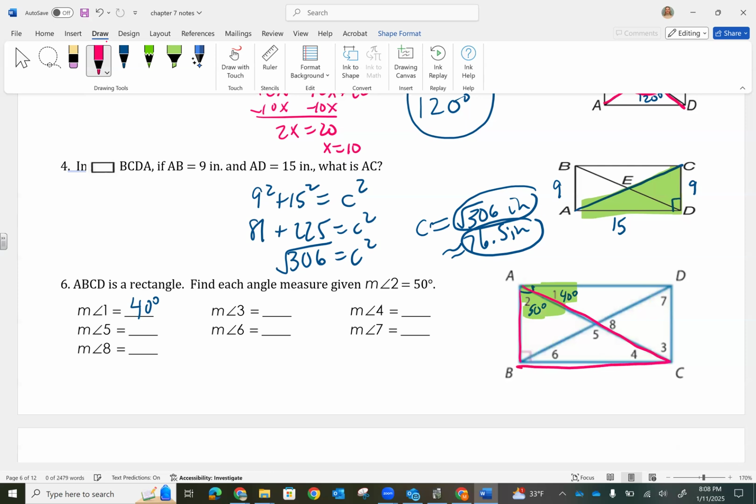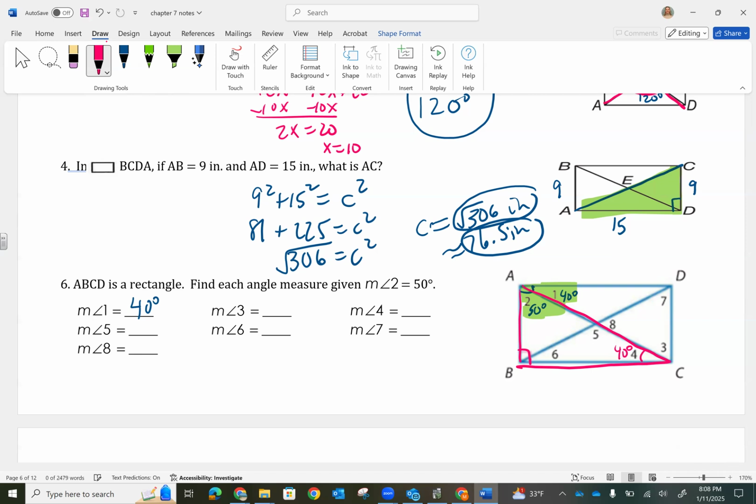This is 90, okay? And in this triangle, if you have 50 and 90, we can find angle 4. And so if you do 90 plus 50, you get 140. So that means this angle right here would be 40 degrees.